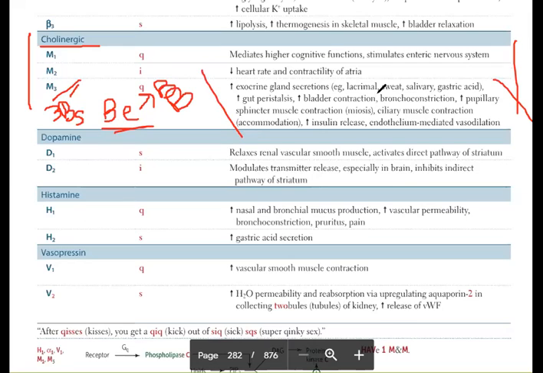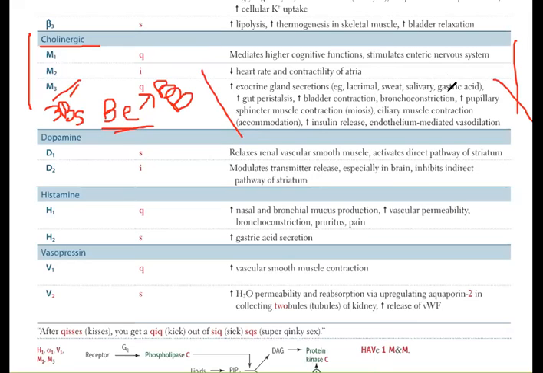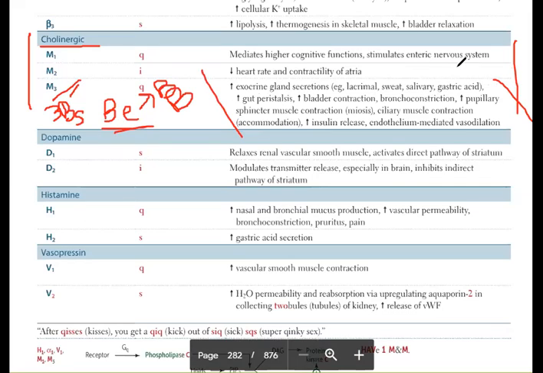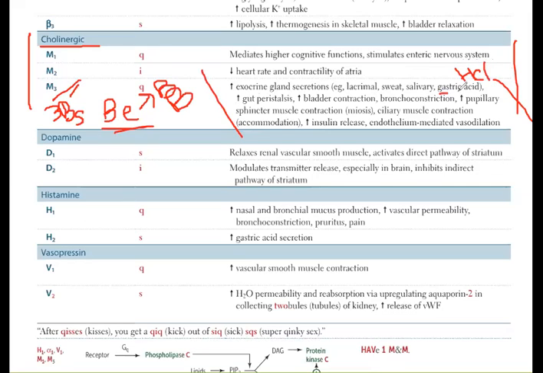They are present in the lacrimal glands, the sweat glands, the salivary glands, the gastric parietal cells that secrete HCl, which we call hydrochloric acid, the gastric acid. Then in the gut smooth muscles, which are involved in gut peristalsis movement, that is, the food only goes forward but not backward.